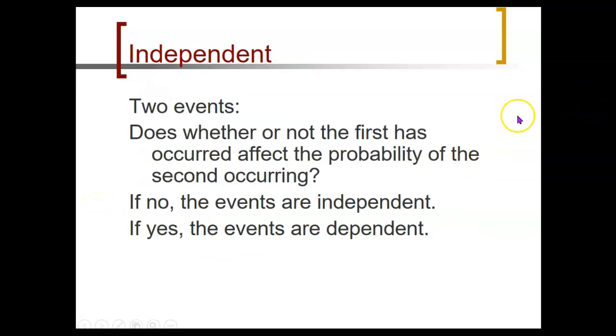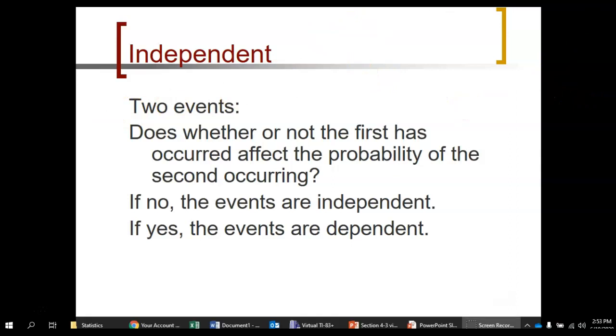Now, when we were doing the or questions in the last section, we worried about whether the events were mutually exclusive. When we answer and questions, we have to worry about whether the events are independent. So what does that mean? Well, it's whether they have any effect or influence on one another.